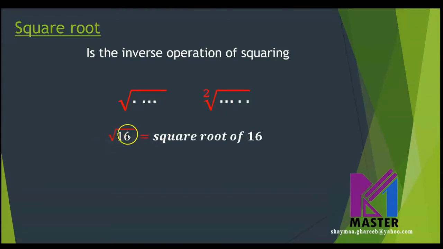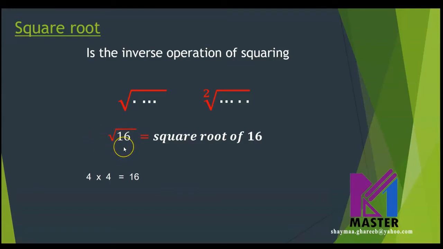Now let's see how we can read it. We put the number under the square root like this, and then we say square root of 16. Is this clear? How do we get the square root of 16? You will always notice that the number under the square root is a square number. And we said the square root is the inverse operation of squaring.